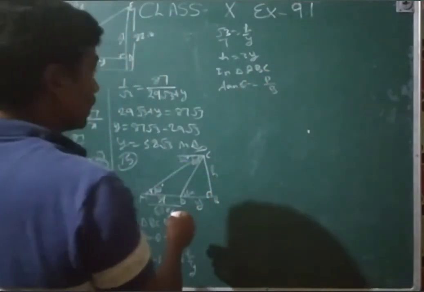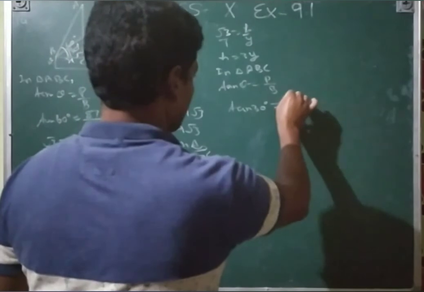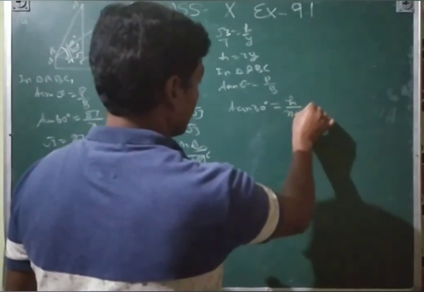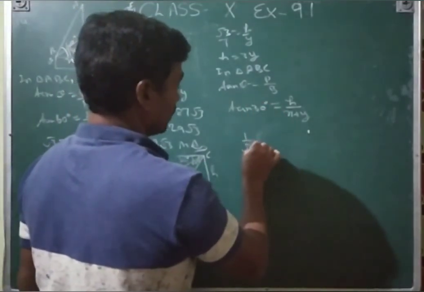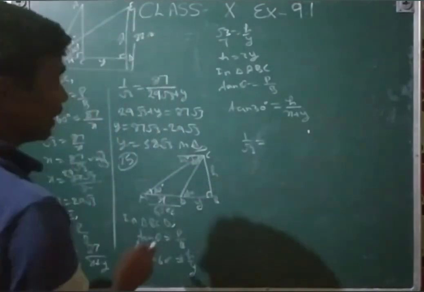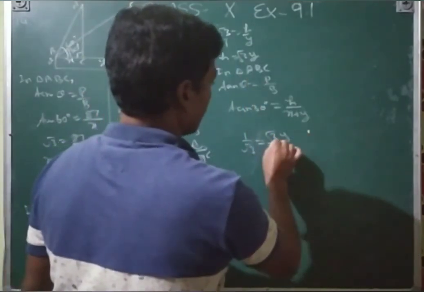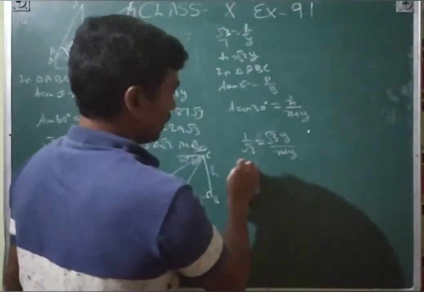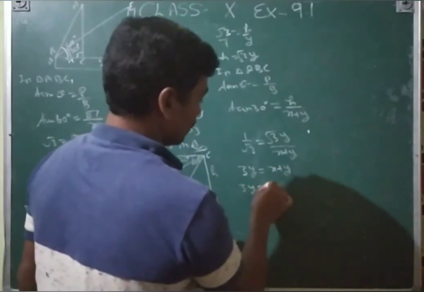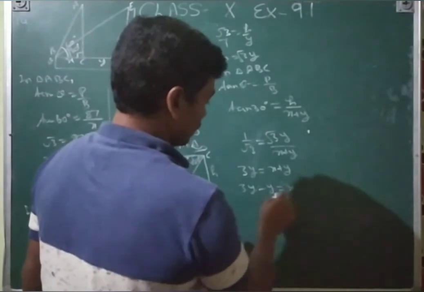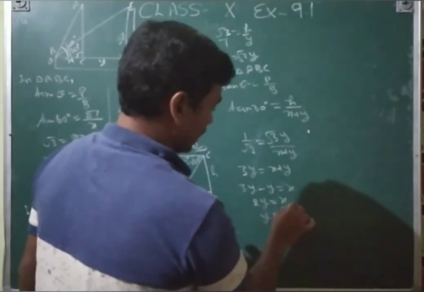So tan 30 degree is equal to perpendicular H upon base X plus Y. The value of tan 30 is 1 upon under root 3, and H we have already found as under root 3 Y, so under root 3 Y upon X plus Y. By cross multiplying, 3Y is equal to X plus Y. So 3Y minus Y is equal to X, that is 2Y is equal to X. So Y is equal to X upon 2.